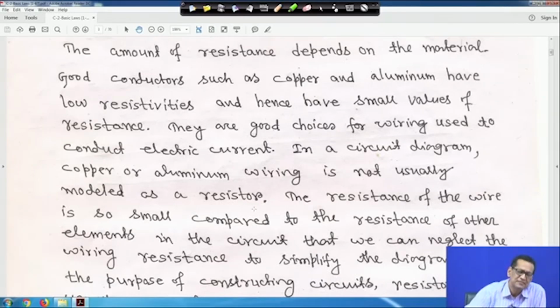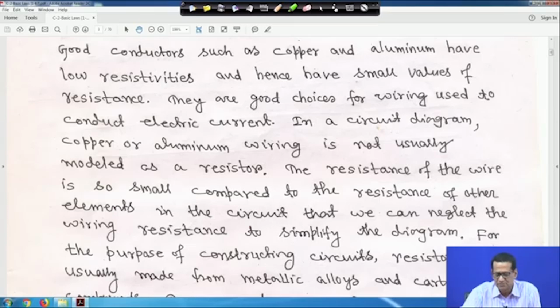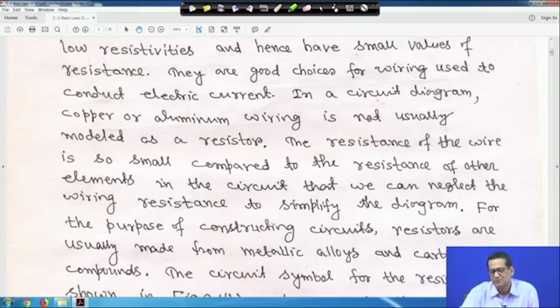You take the resistance of the wire as 0. The resistance of the wire is so small compared to the resistance of other elements in the circuit that we can neglect it. It is almost 0, so we neglect it, and our circuit diagram is simplified.